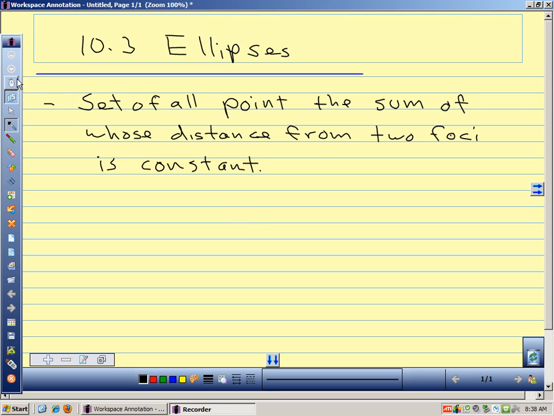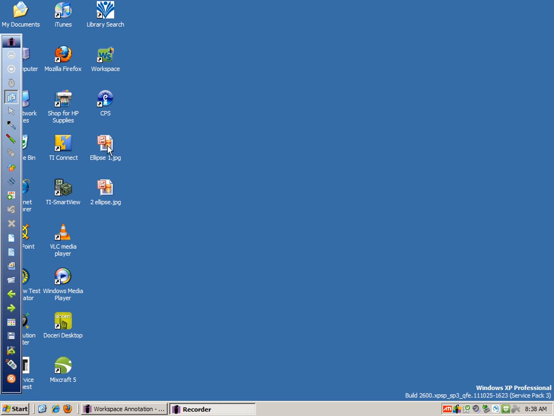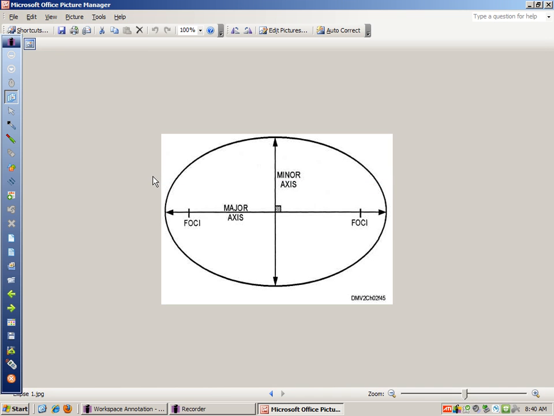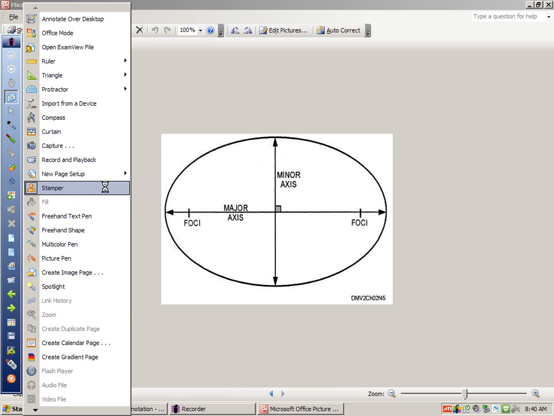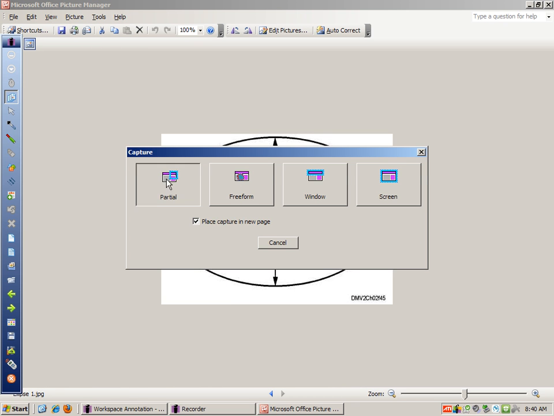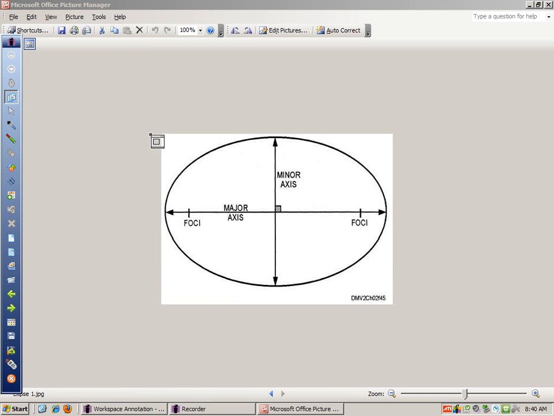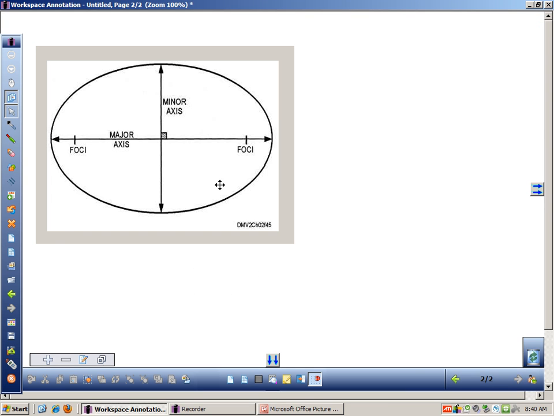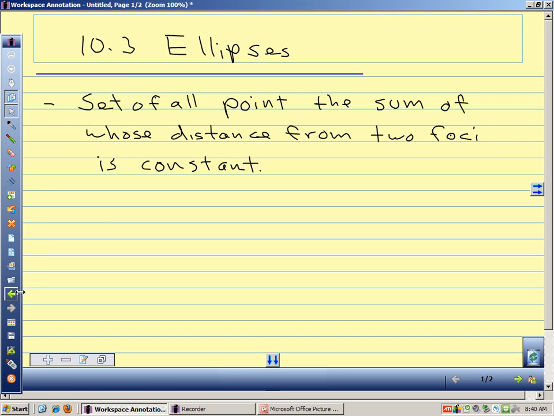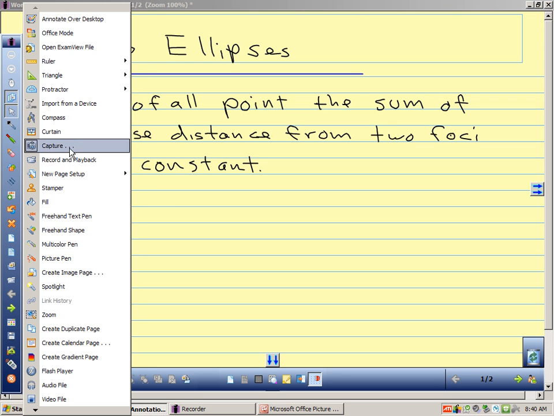Let me get a picture and show you what we're talking about. Here's my first ellipse.